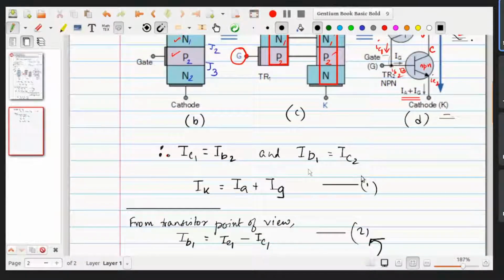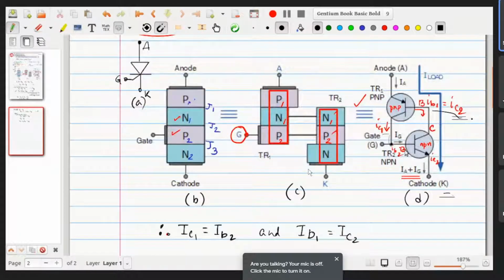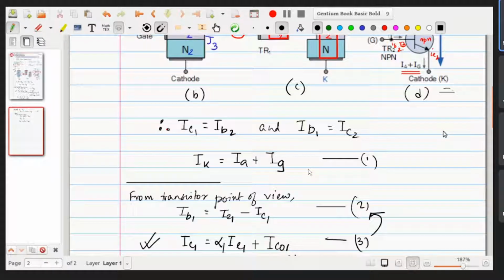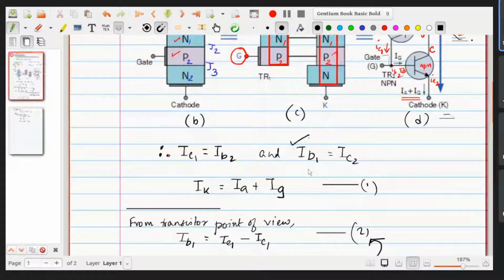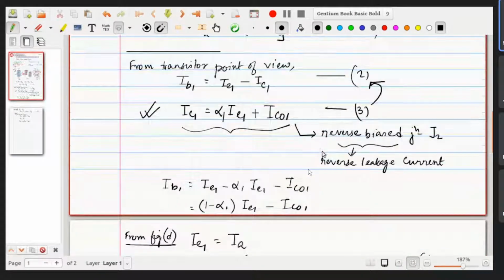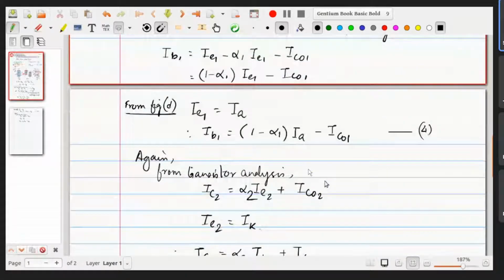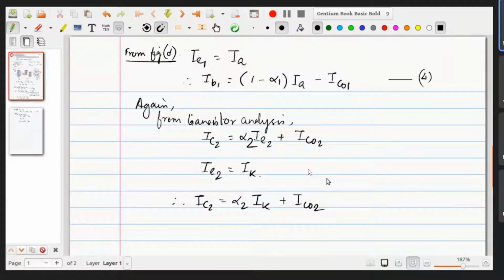Okay, now what about this base current? The base current in the first figure, IB1, was our IC2. This factor, IB1 is equal to IC2. So let me put over here this as equation number 5.